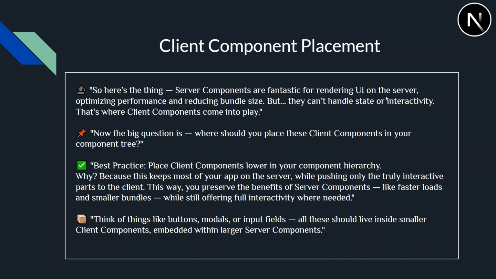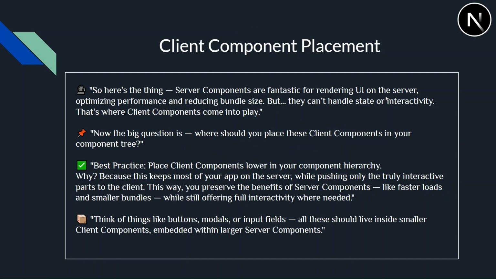Why? Because this keeps most of your app on the server while pushing only the truly interactive parts to the client. This way, you preserve the benefits of server components, like faster loads and smaller bundles, while still offering full interactivity where needed. Think of things like buttons, modals, or input fields. All these should live inside a smaller client component embedded within larger server components.